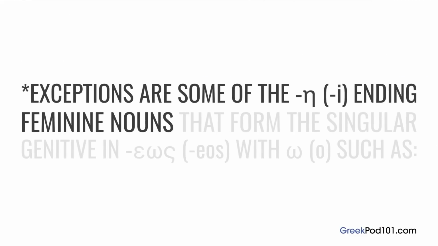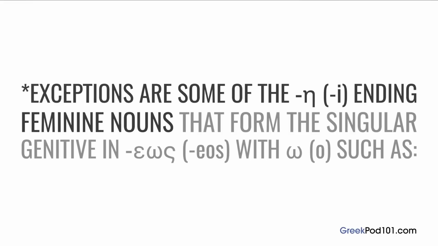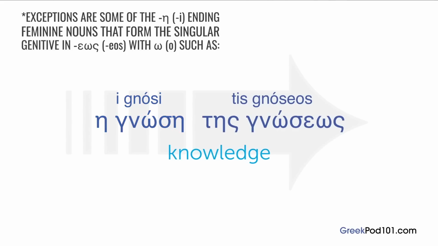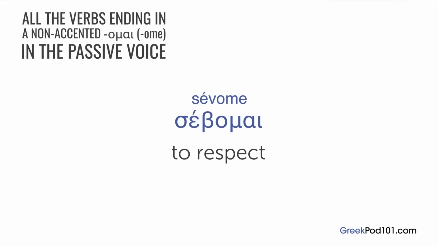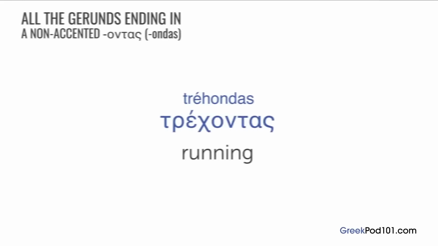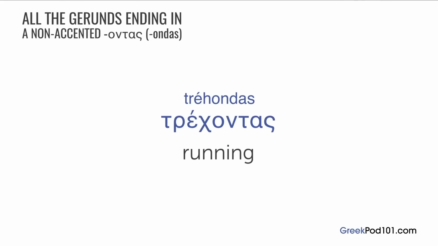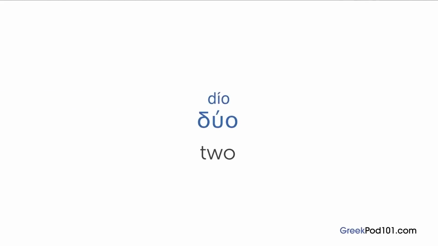Exceptions are some of the e-ending feminine nouns that form the singular genitive in eos with omega, such as γνώση, knowledge, that becomes της γνώσεως. All the verbs ending in a non-accented ome in the passive voice, such as σέβομαι, to respect. All the gerunds ending in a non-accented ondas, such as τρέχοντας, running. And the number δύο, 2.